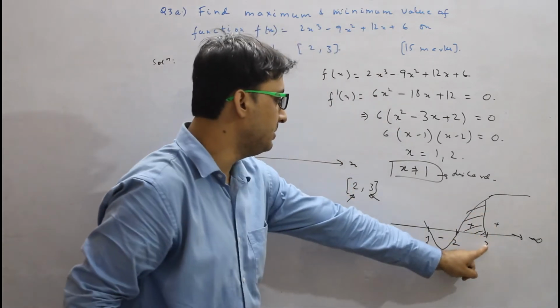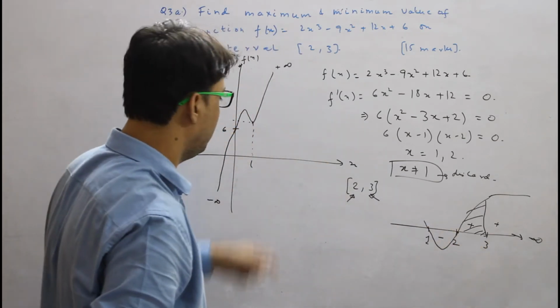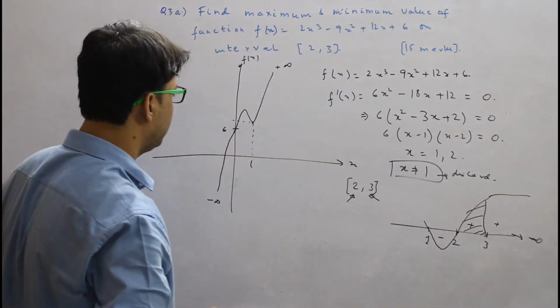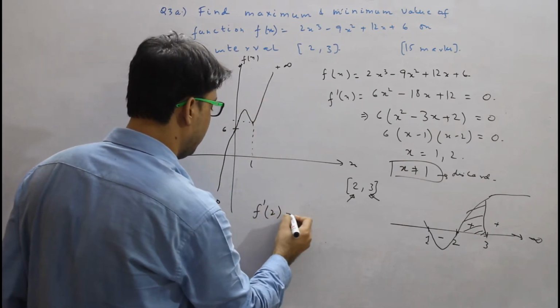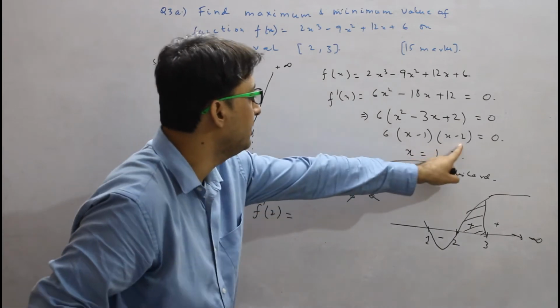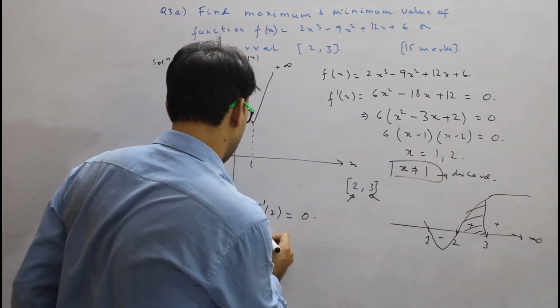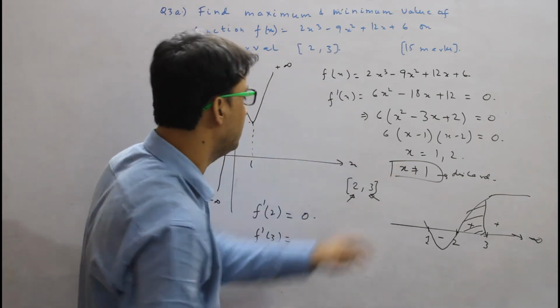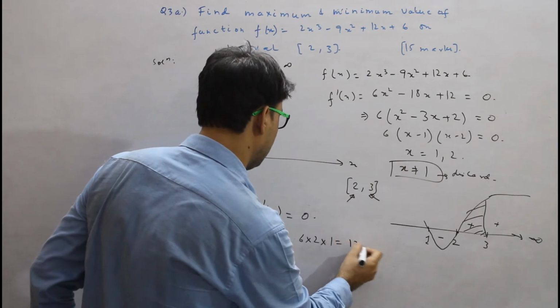So this sign graph gives me the area of our consideration. So I will check my value of f dash at 2. F dash at 2 is, if we put 2 here, this will be 0. What is f dash of 3? F dash of 3 will give me 6 into 2 into 1, that is 12.